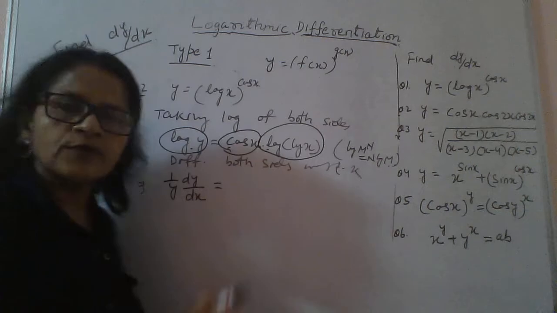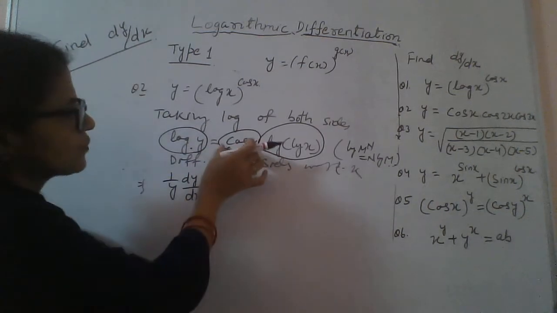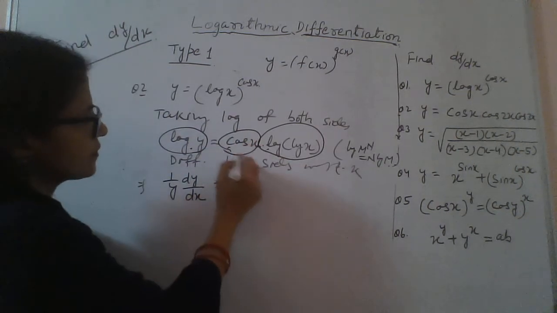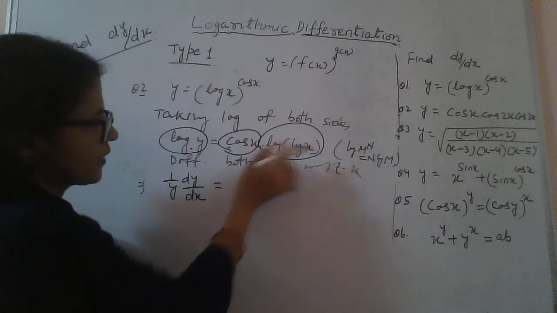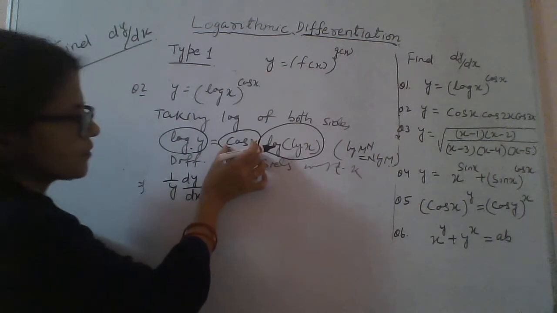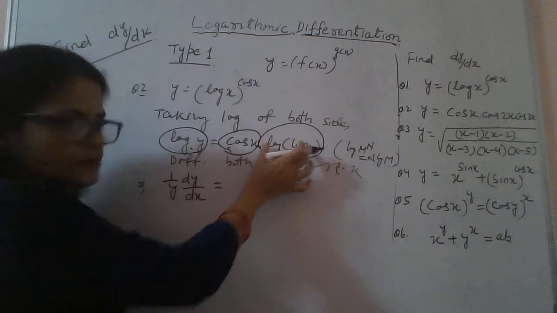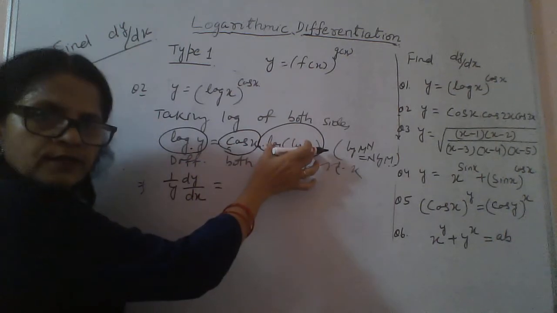We are going to use the product rule here: d by dx of cos x into this, plus cos x into d by dx of this.